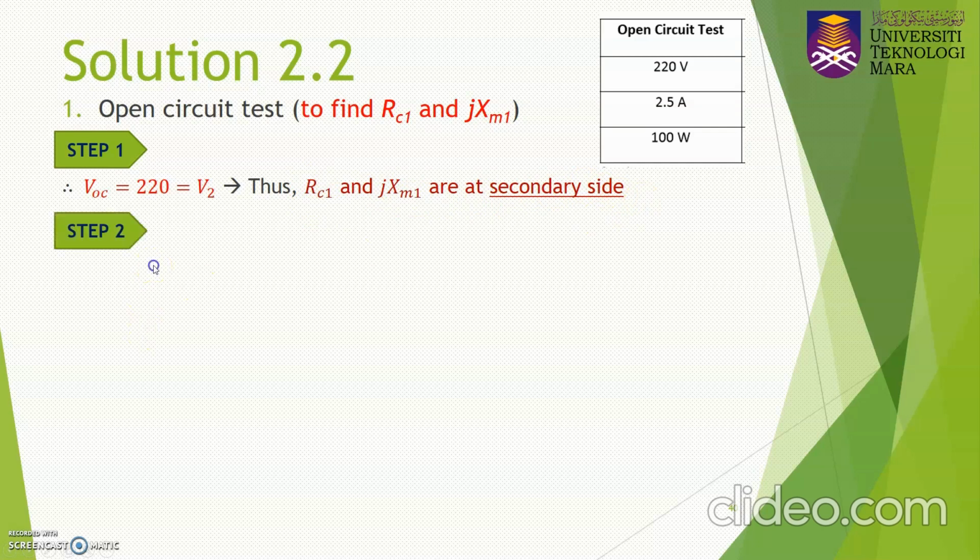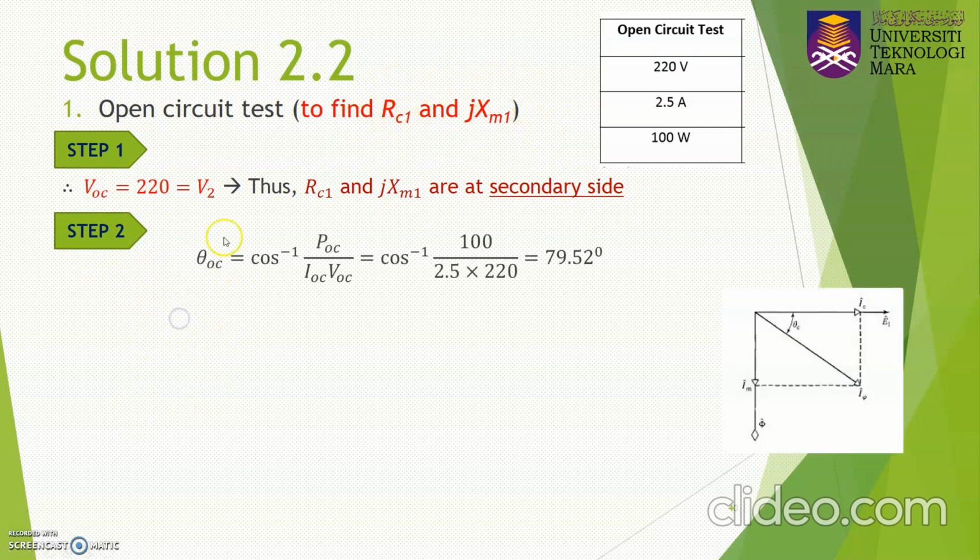Okay, and then step number 2, you need to find the value of RC1 and also XM1 based on the formula. So formula number 1, based on P equal to IV cos theta, you can find the value of the theta open circuit. The theta open circuit will be equal to cos^-1 of the power of open circuit divided by current of open circuit multiplied with voltage of open circuit.